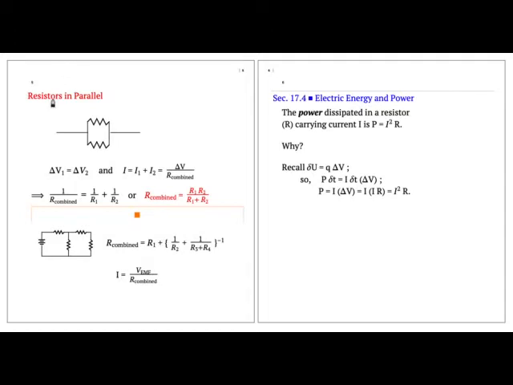Now, the other kind of combination of resistors for two resistors is resistors in parallel. So we have some current, let's call it I, coming to a junction where the current splits into two parts, I1 and I2, going through two different resistors, R1 in the top, R2 in the bottom.